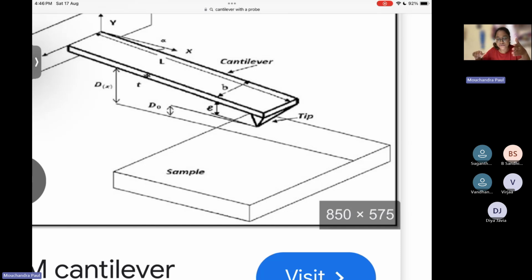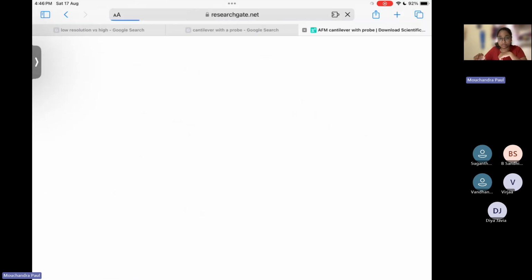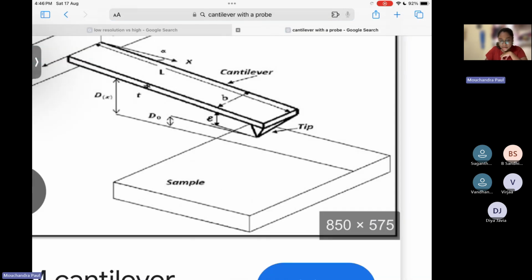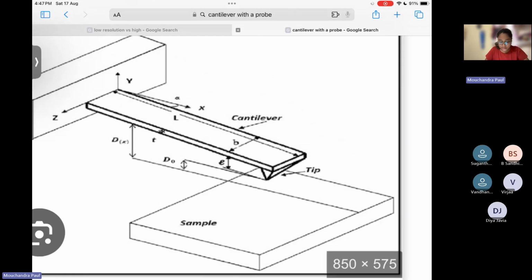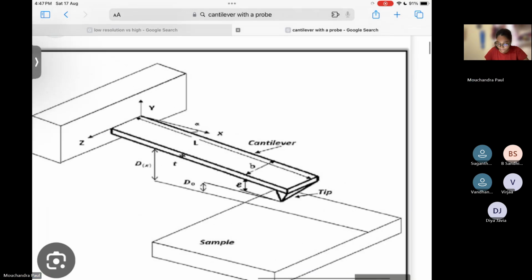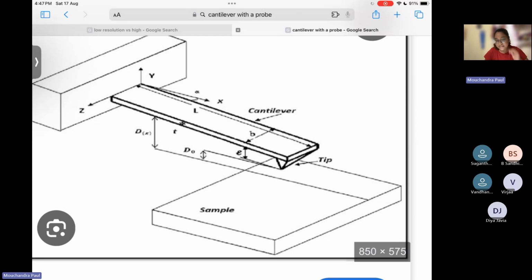The probe and cantilever together help in moving. And there is a detector connected at the end of the cantilever that monitors the movement of the probe. This is how a cantilever with a probe looks. This probe can move over a sample. It will move as the sample surface varies. If the sample surface is rough, the probe will accordingly make its path.